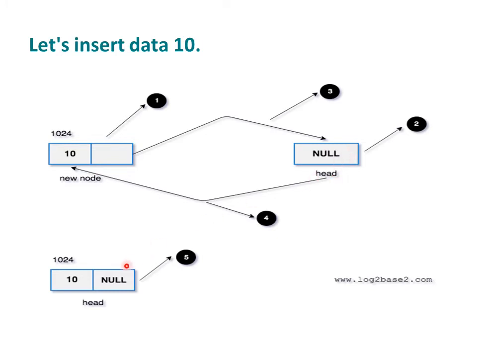After this, I am adding 1024, and 10 is the item which I have inserted in the data part, and here you can see it is an empty one. Now I have defined that as the head and assigned it null. At last you will see 1024 is the address value of 10 and this node consists of null. After this, I am inserting a value or the address value of the next variable.